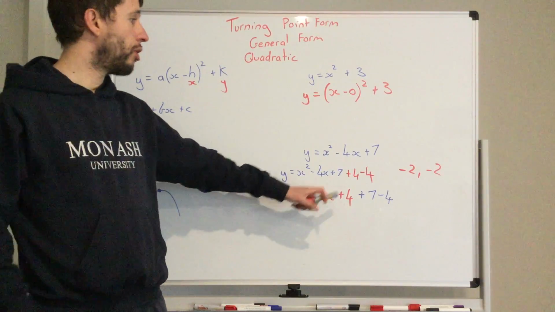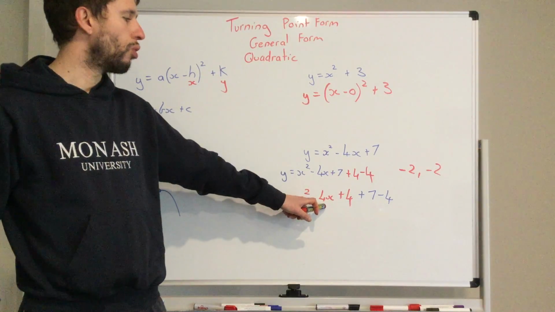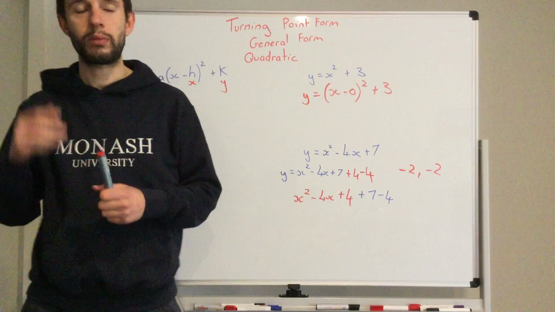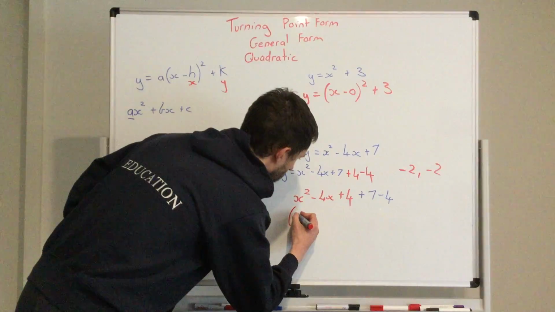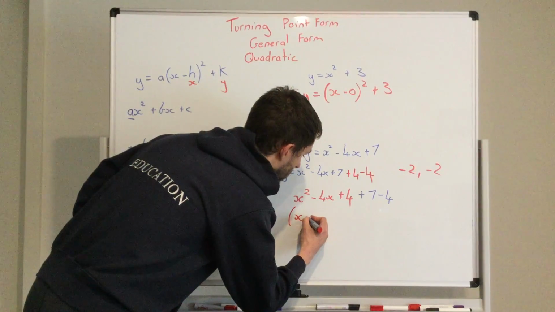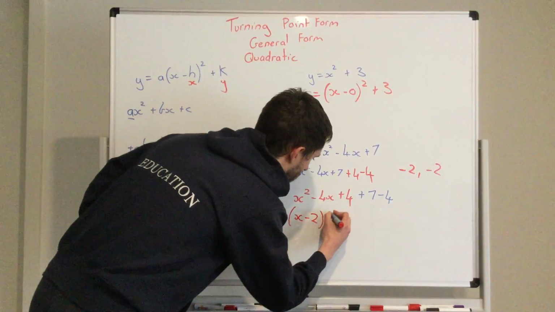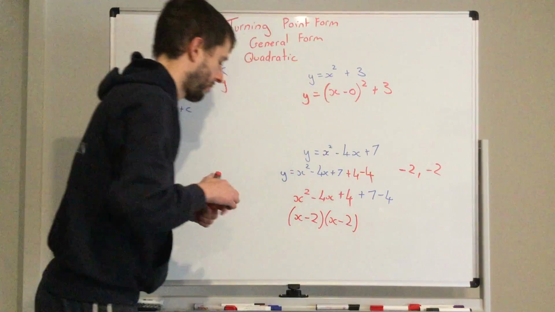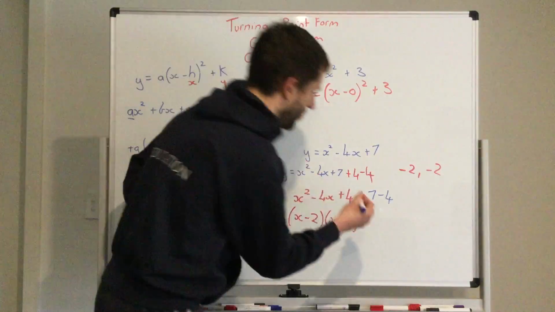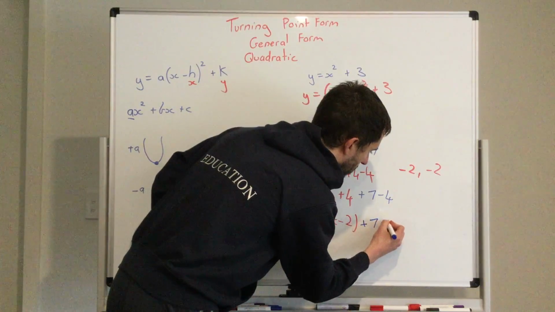And we know that those two numbers I can add to equal negative 4x. So that's going to give me, when I'm factorising, x take 2, x take 2, and we've still got plus 7 minus 4.